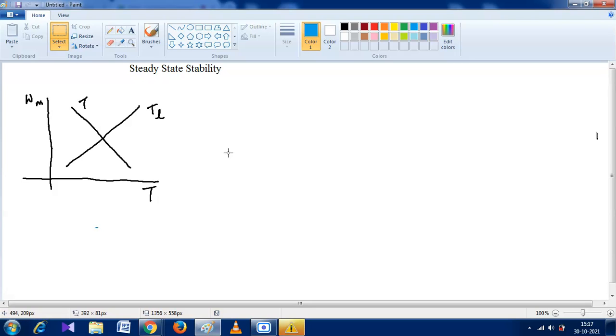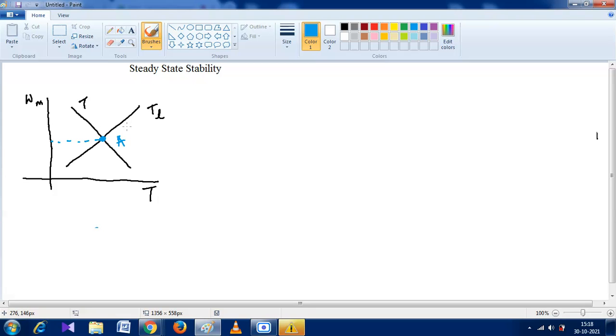Then which one is the operating point, or stable point? This one. This is the steady state stability. That means at that speed the motor will rotate, and this is an equilibrium point. Can we say that? Yes, sir.